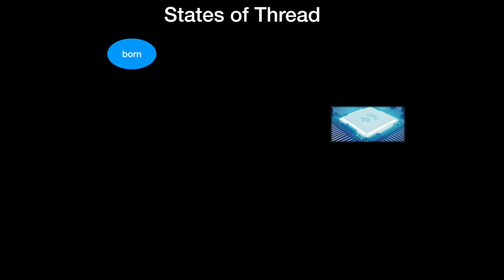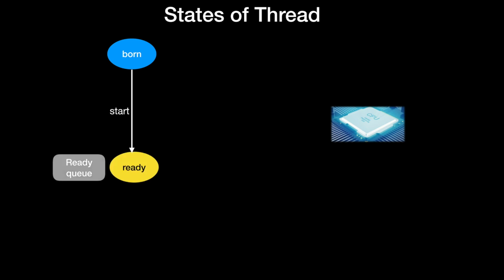What we have to do is use a predefined method called start. We apply the start method upon this newly created thread. Then its state changes from born state to ready state. Now this thread is ready to be executed in the processor.